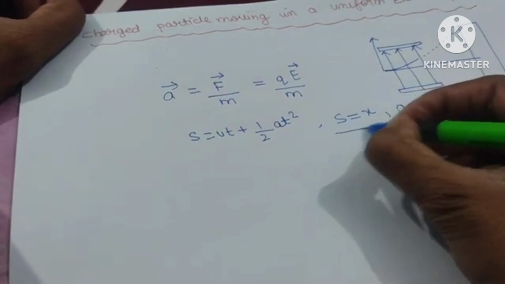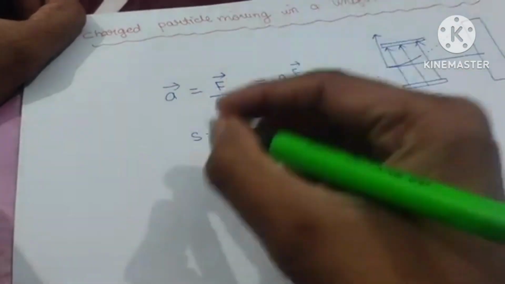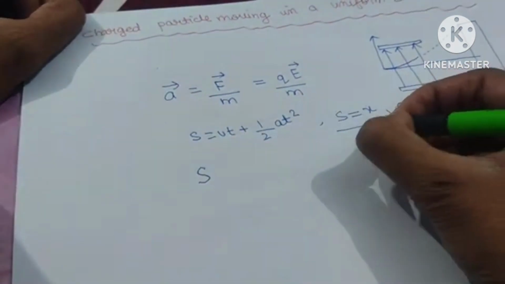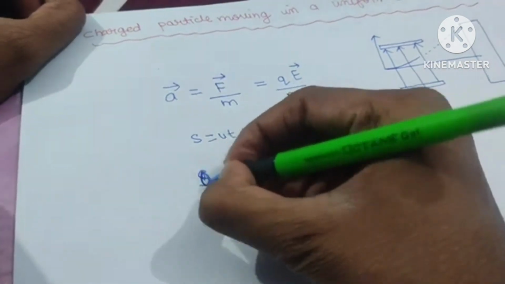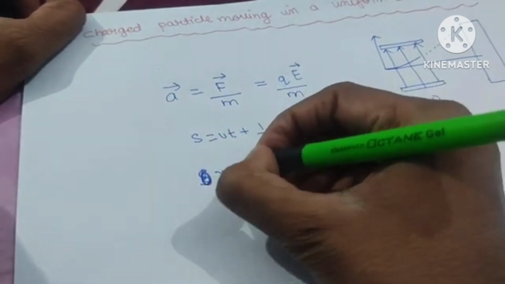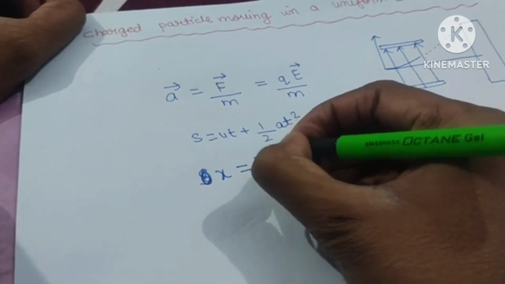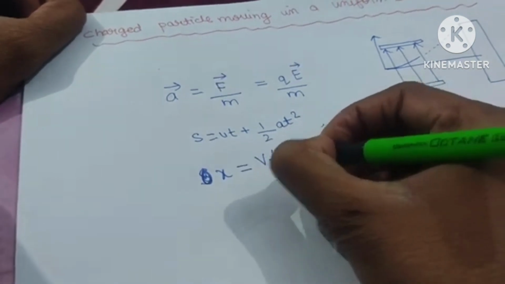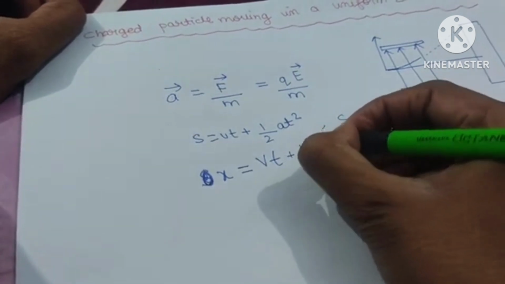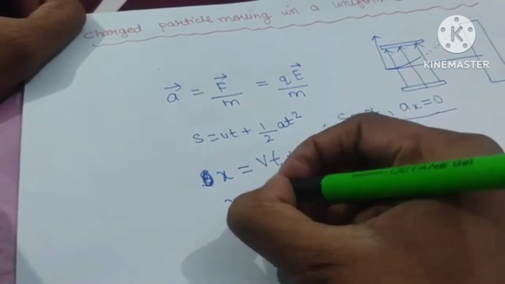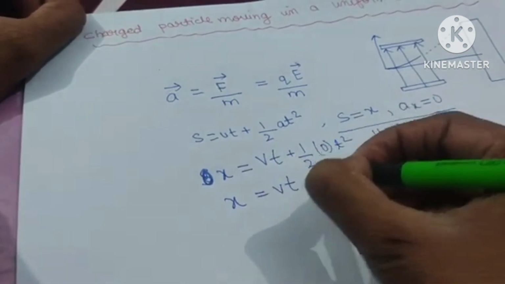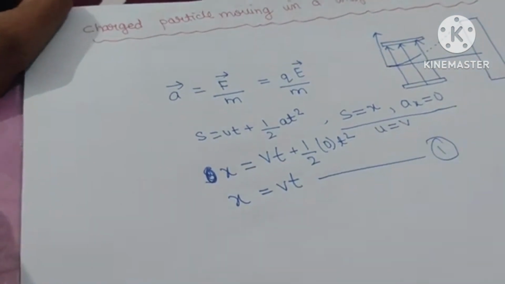Applying this, with u equal to v, s equals x, so x equals vt plus zero acceleration term. So x equals vt. This will be equation 1.